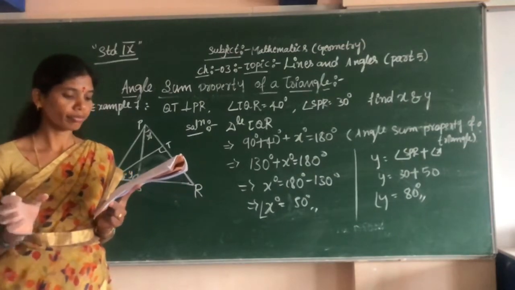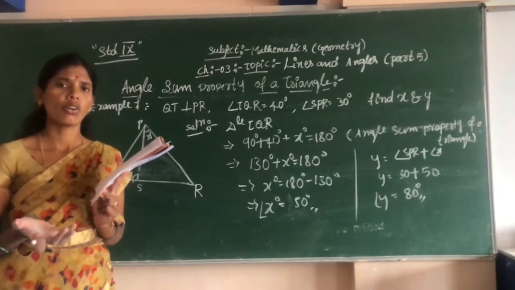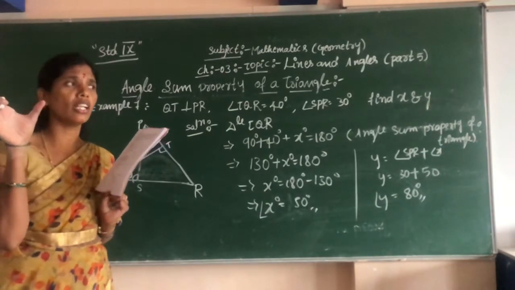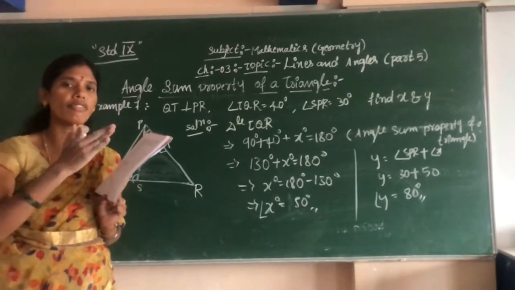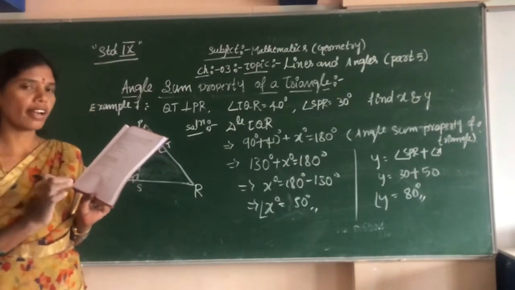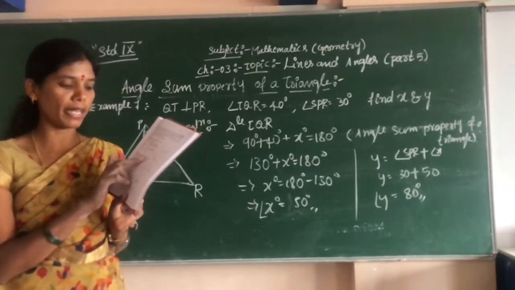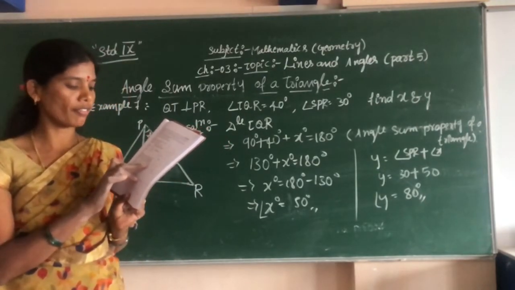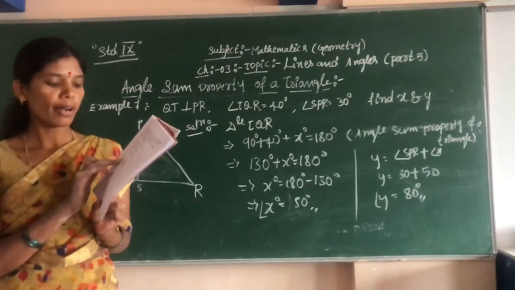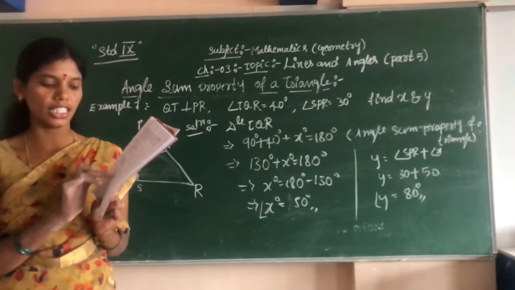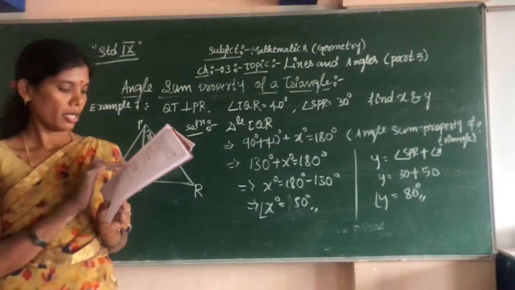Now next, if any triangle has bisected angles, it means we cut the angle into two parts, half of it. That is example 8. In figure 3.8, the sides AB and AC of triangle ABC are produced to points E and D respectively.